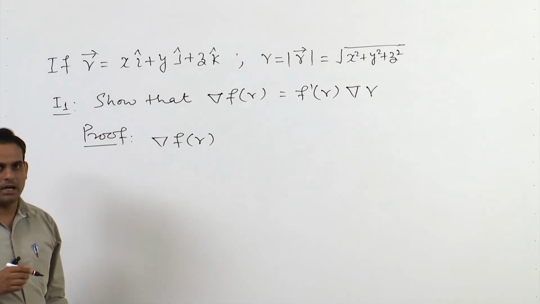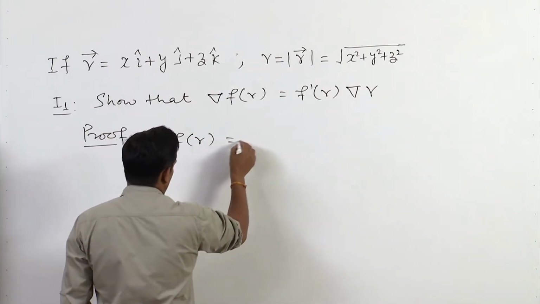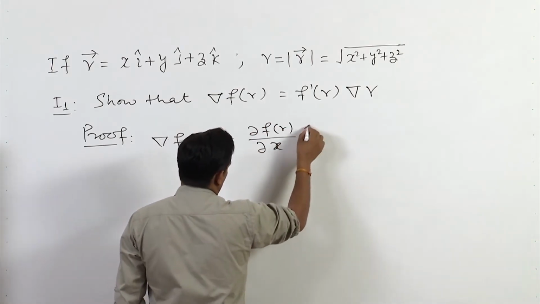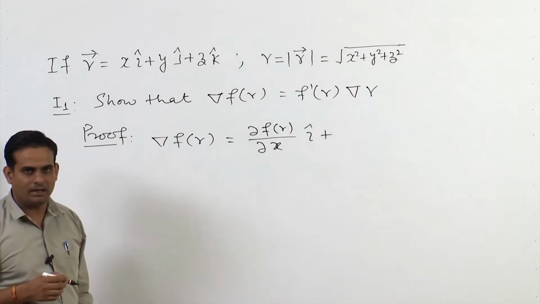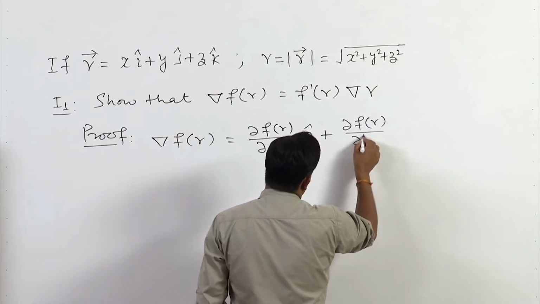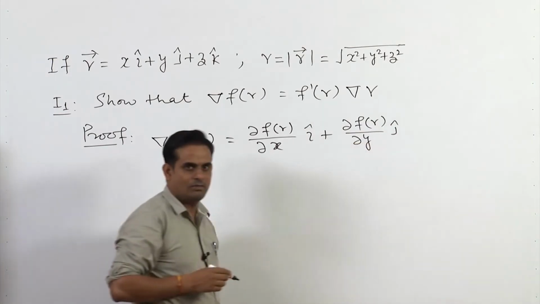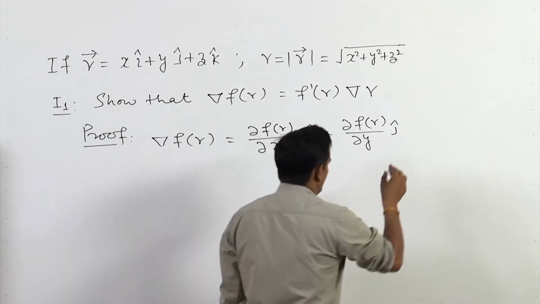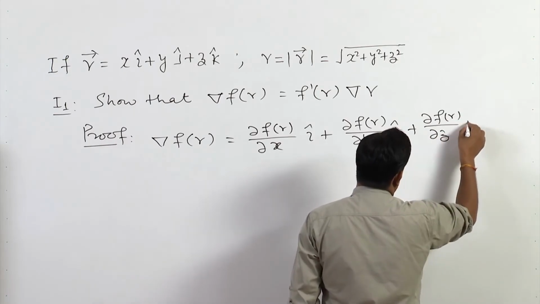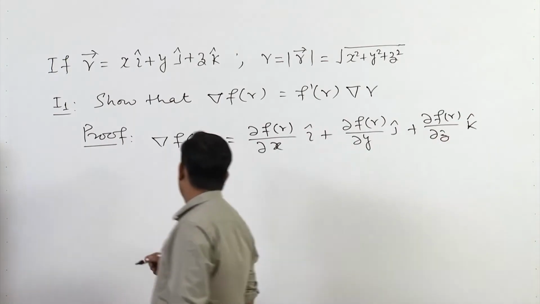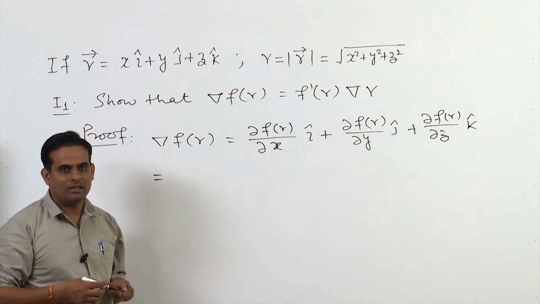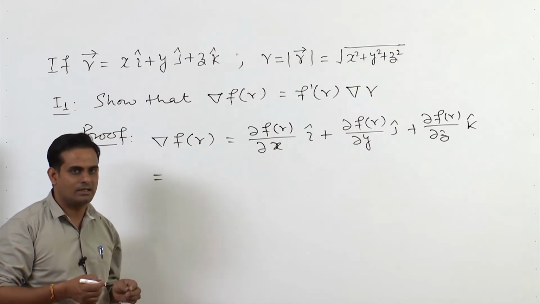So del of f r will become del f r over del x in the direction of i cap, del f r over del y in the direction of j cap, plus del f r over del z in the direction of k cap. Now f is a function of r and r is a function of x, y and z.